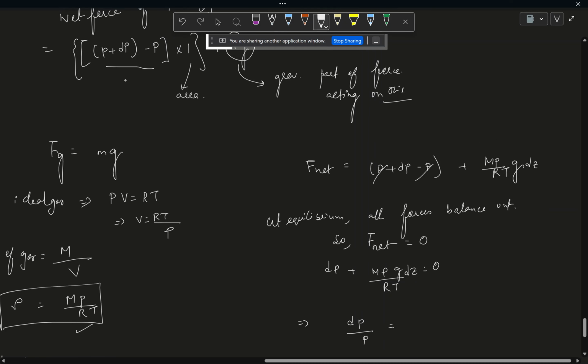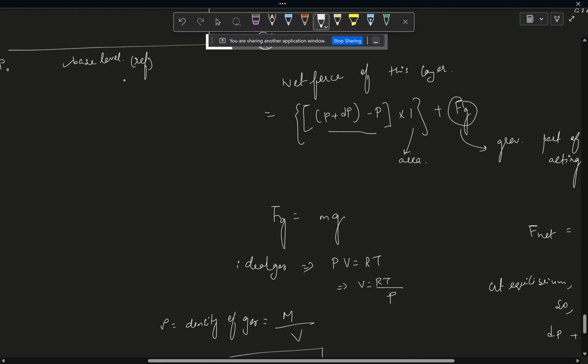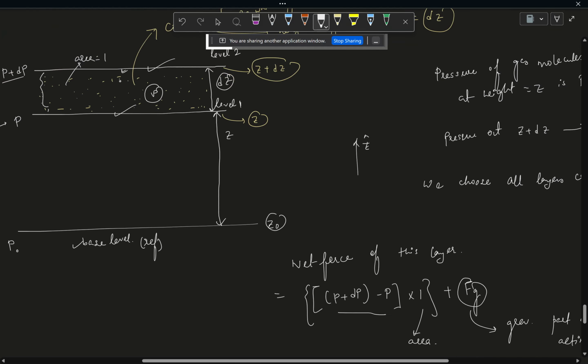So the two forces are directed along opposite sides. The forces on the two layers actually act on opposite sides. Basically, effectively you have to take the pressure difference, of course. Otherwise, how do you get the net pressure here? Because your gravitational force will be pulling it downward.